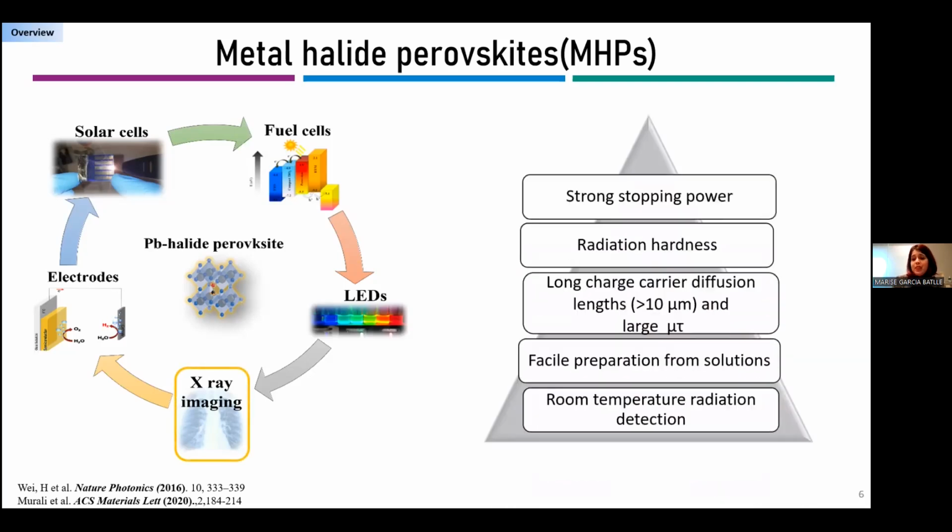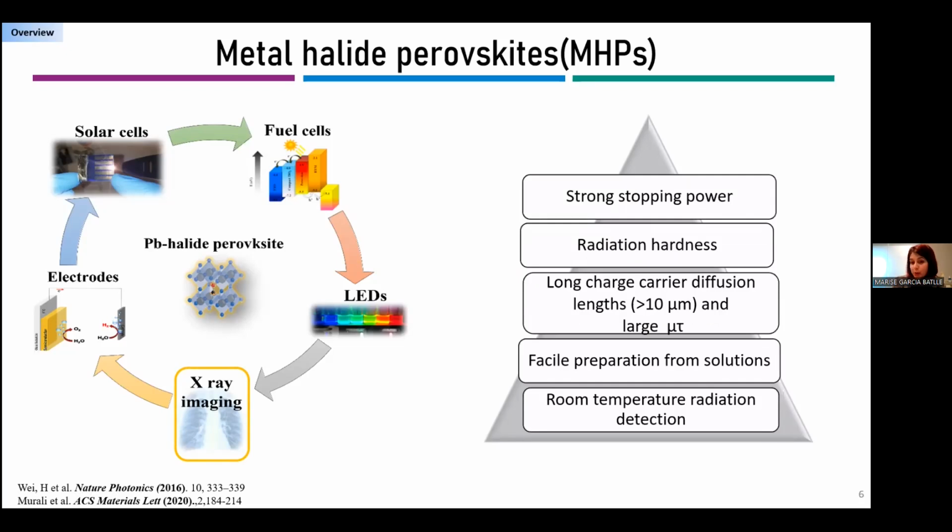The properties of perovskite have been extensively studied. We can observe that perovskite presents a strong stopping power and radiation hardness. We have lead in the structure. So for us, in the field of X-ray imaging, this is good because we can stop X-rays with this high atomic number.